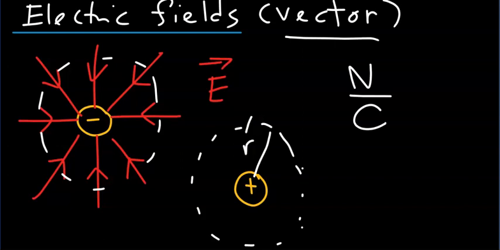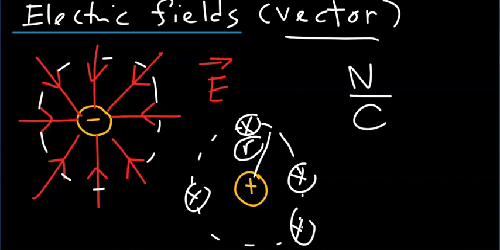So if the magnitude here is, let's say, 2 newtons per coulomb, then the magnitude there will also be 2 newtons per coulomb, and so on, as long as the value of r is the same for all these points, meaning all these points are at the same distance from the point charge.